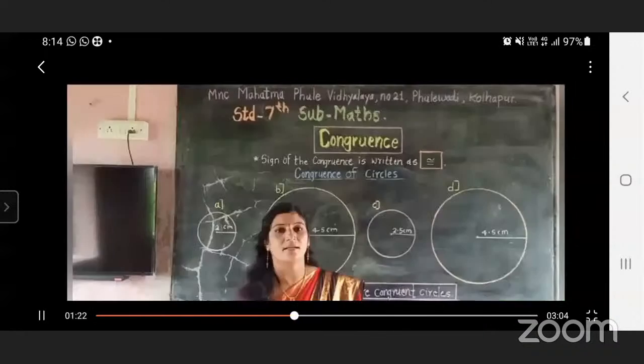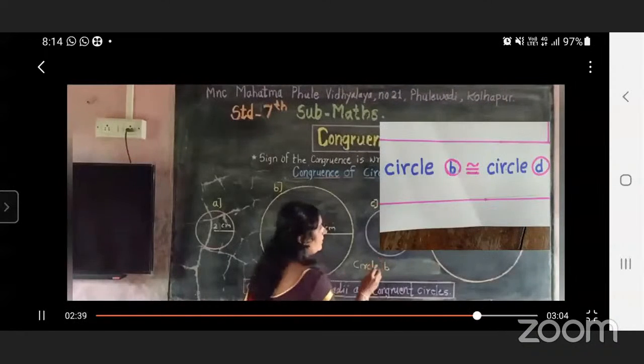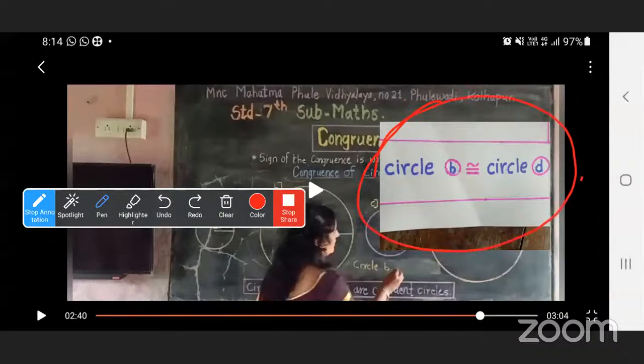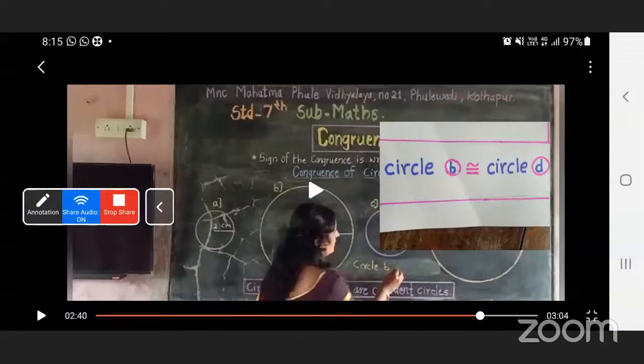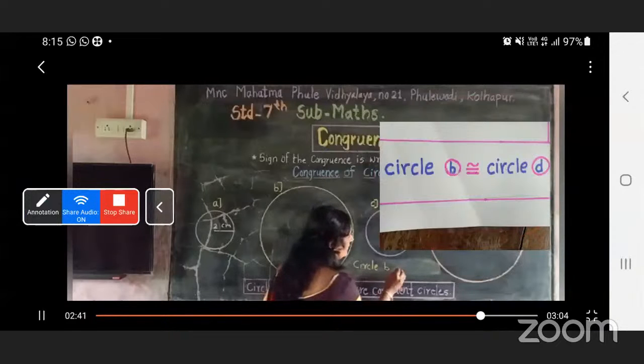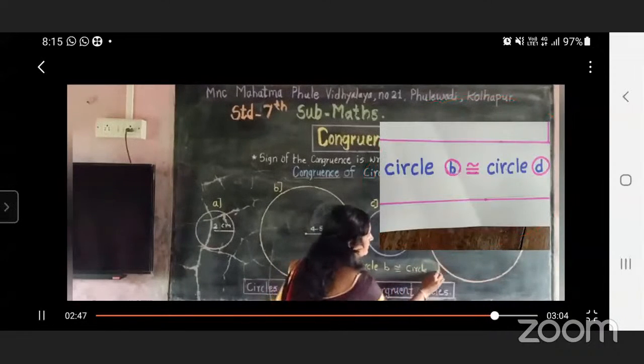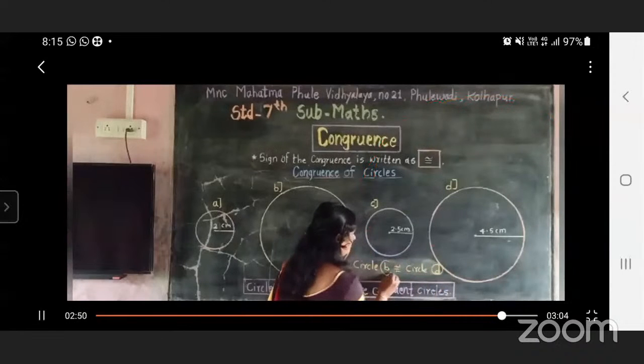One very important thing in this lecture is how to write congruent circles, and how to use the sign of congruence: the circle B is congruent with the circle D. The way this statement is written is very important.